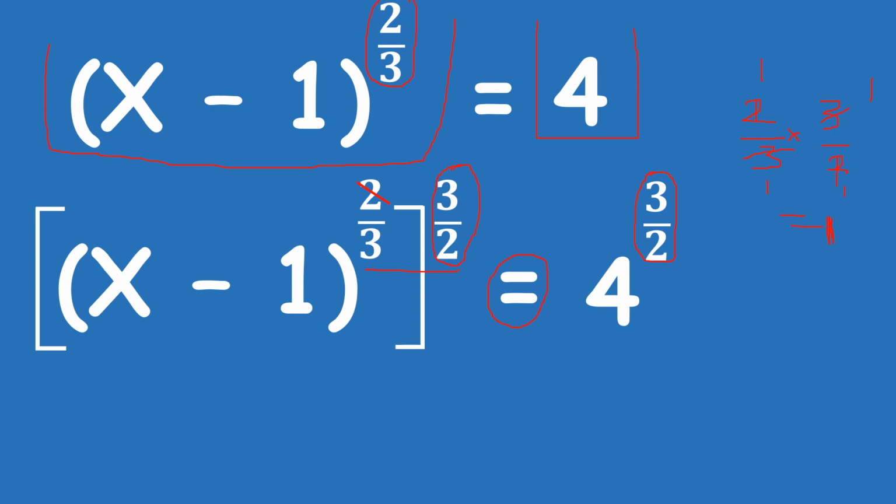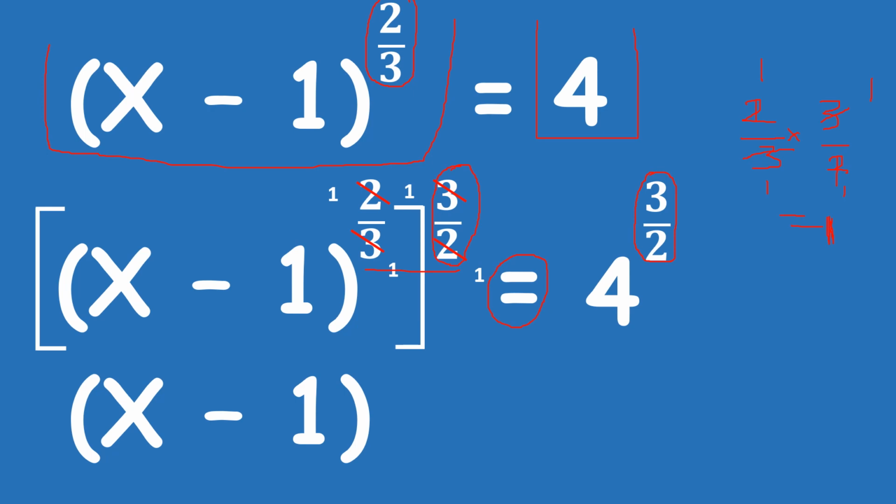So we're saying 2/3 times 3/2. 2 cancels 2, and 3 cancels 3, both leaving 1. So basically, on the left hand side, we are now left with x - 1.